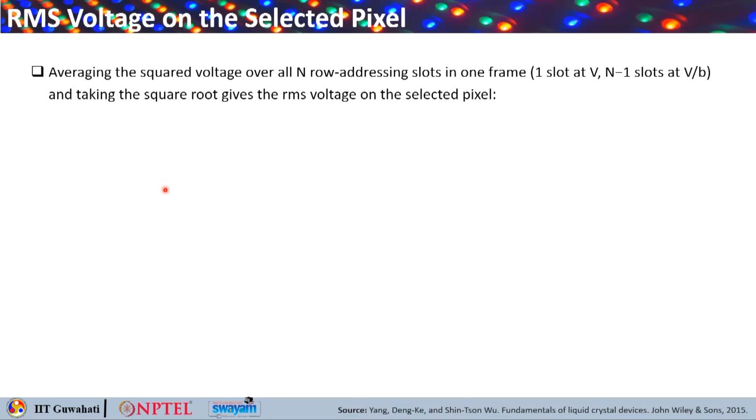So now let us look at the RMS voltage on the selected pixel, averaging the squared voltage over all n row addressing slots in one frame. You have one slot at V, perfectly applied, and in the other n minus 1 slots the voltage is V by B. You take the square root, and that gives you the RMS voltage for the selected pixel.